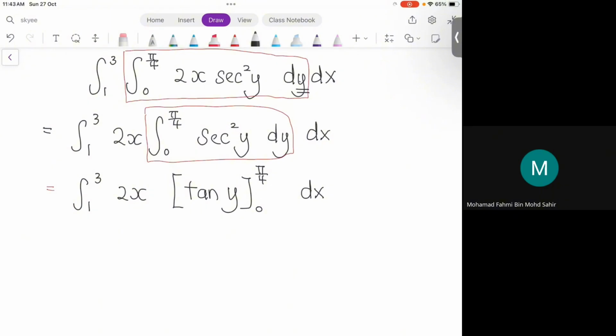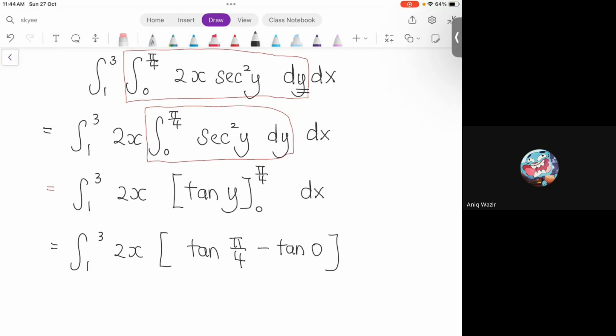Can you follow? Cannot? Okay, now take your scientific calculator and make sure that it is in the unit of radian. So what you have to do is 2x, tangent pi over 4 minus tangent 0. This is what it means.